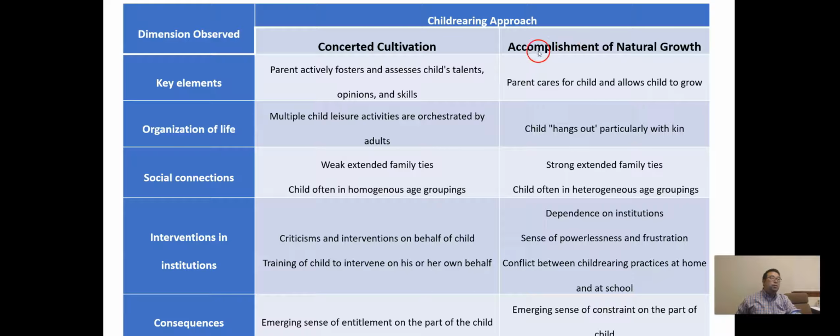But we can focus on the accomplishment of natural growth, which means the parenting style of the working class or the lower class people. So parents care for the child and the child starts to grow, and the child hangs out without the organization of other people and usually without extracurricular activity. The children usually play with their friends, neighbors, or relatives.